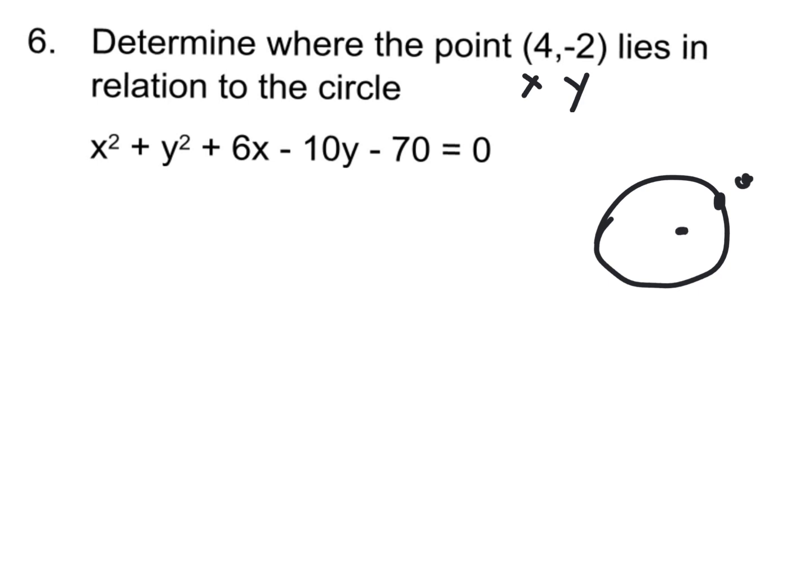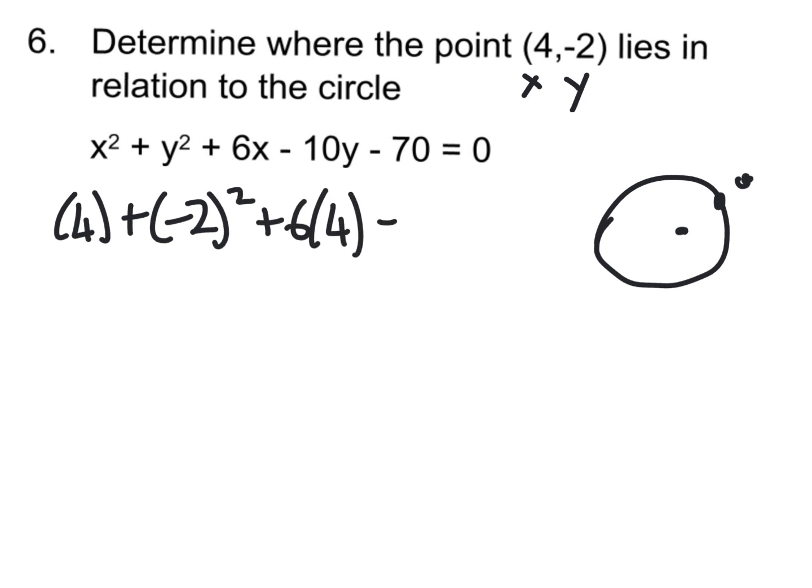So let's have a look what happens when we plug in the numbers 4 and negative 2. So X will get replaced with 4, Y will get replaced with negative 2, and I'm putting in all the work for this one. 10 times negative 2, negative 70. And I'm not putting equals 0, I'm just going to see what we get. I'm going to put that negative in there. So we have, oops a daisy, that should have been 4 squared.